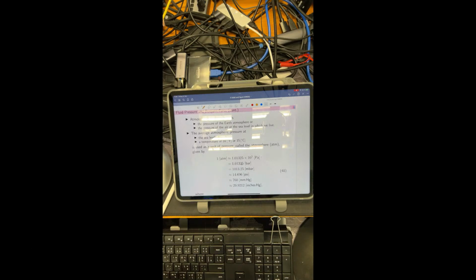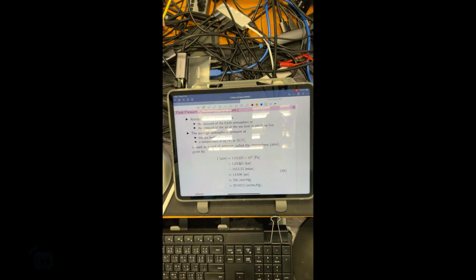One more pressure unit that is widely used is called bar. 1 atmospheric pressure is equal to 1.01325 times 10 to the 5 Pascal. That's the complete version in the SI system. But if you talk about people not in the scientific laboratory, you may hear some people say the pressure in terms of bar.